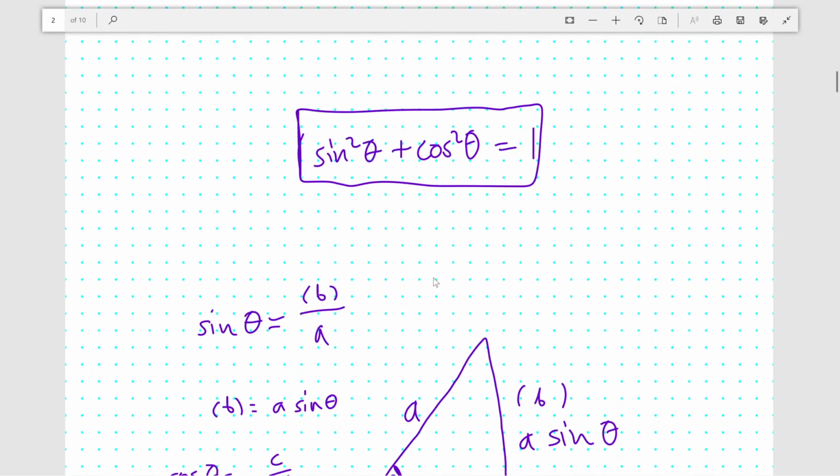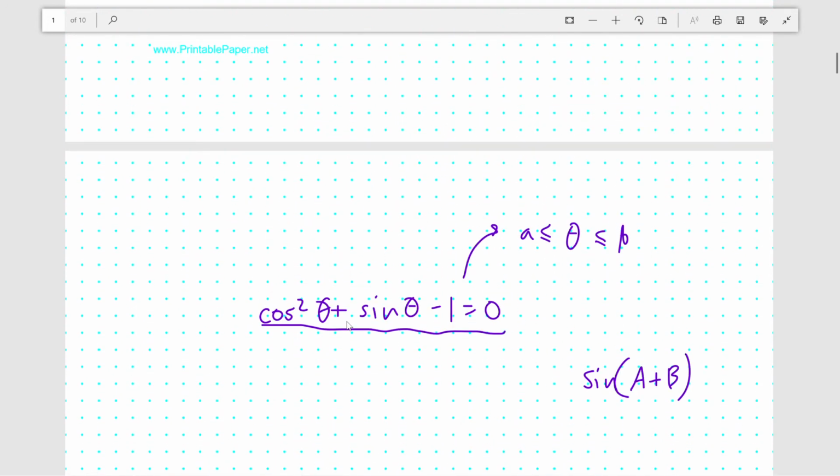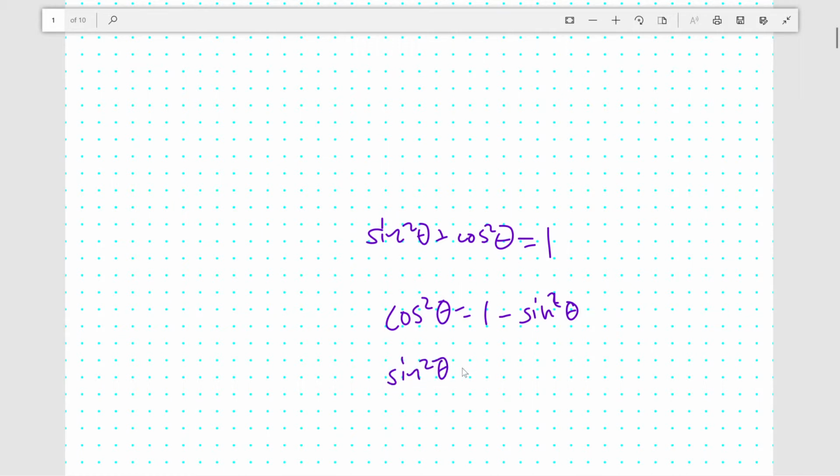Well, say you have an equation like this, where cosine squared theta plus sine theta minus 1 equals 0. You can rearrange the identity that we just discovered, sine squared theta plus cosine squared theta equals 1. You can rearrange this to find that cosine squared theta is equal to 1 minus sine squared theta, and that sine squared theta is equal to 1 minus cosine squared theta, and so on and so forth.